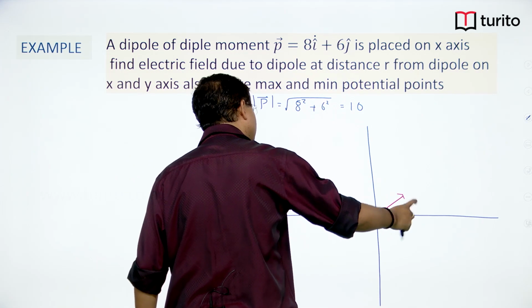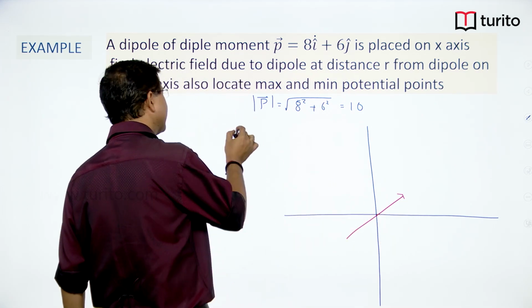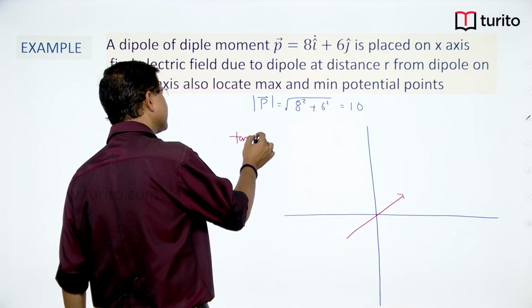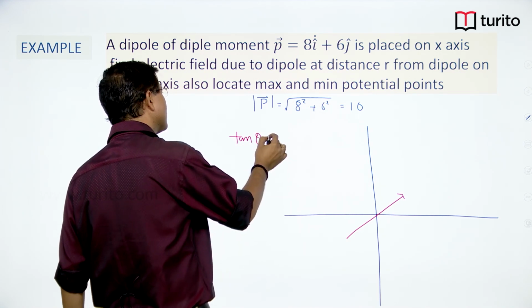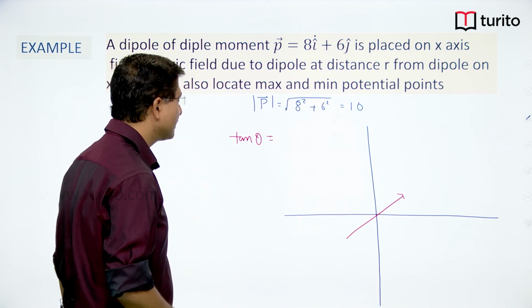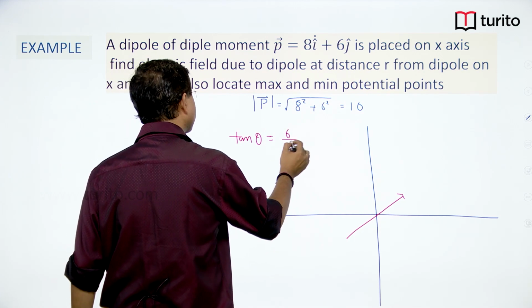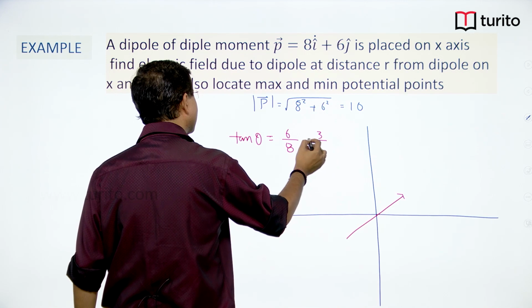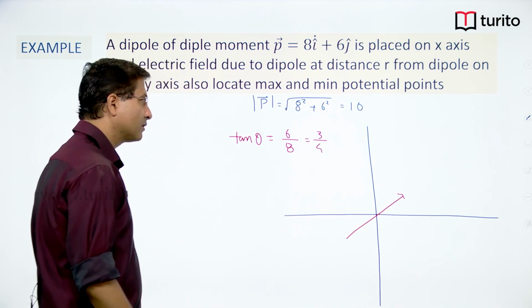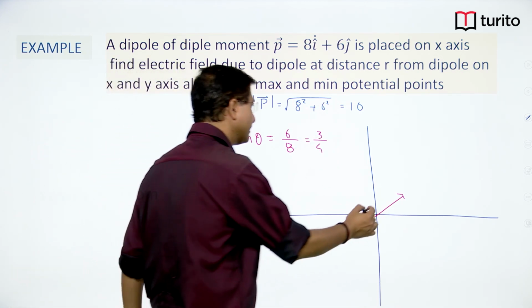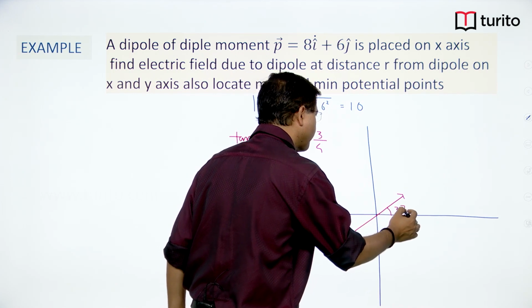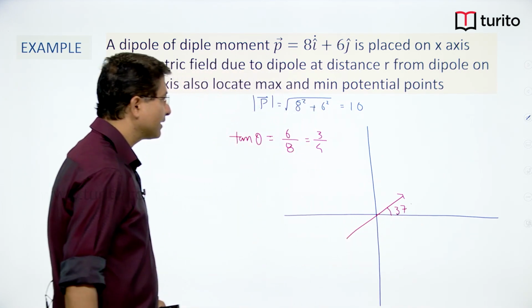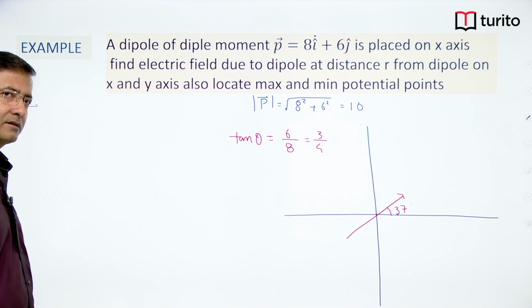The angle it makes with the x axis, tan theta, is the y component divided by the x component, 6 by 8, which means 3 by 4, so 37 degrees. This is the way the dipole is placed in space.